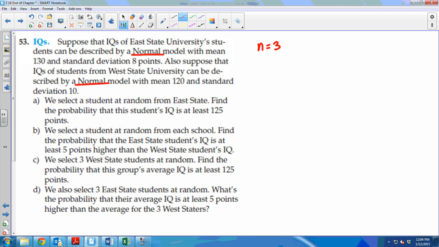So if you're going to check conditions like you should, it tells you it's random in the question. It tells you it's normal in the question. So the only thing really is it's 3 less than 10% of all students. It better be, right? So we don't have to check everything. They give you 2 of them already. We just need to check the 10% part. All right. With 3, what is the mean going to be of this model?